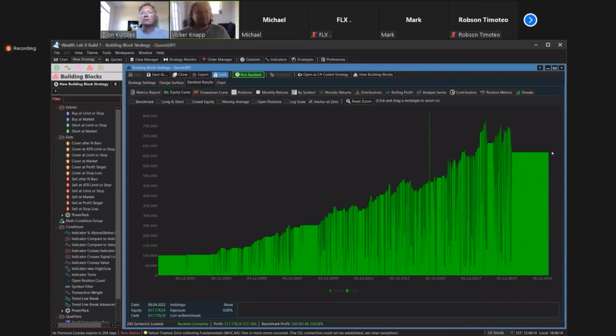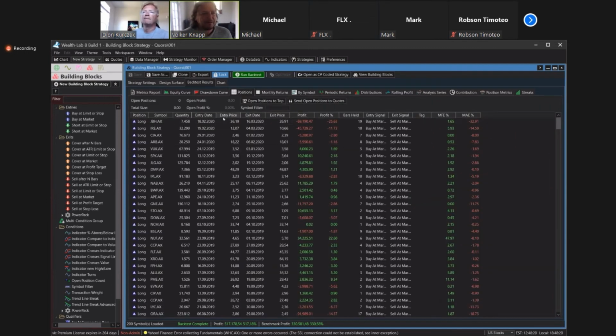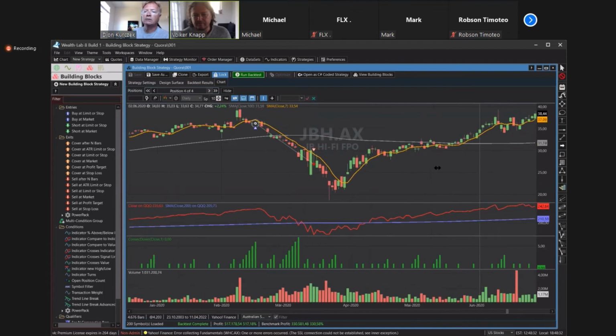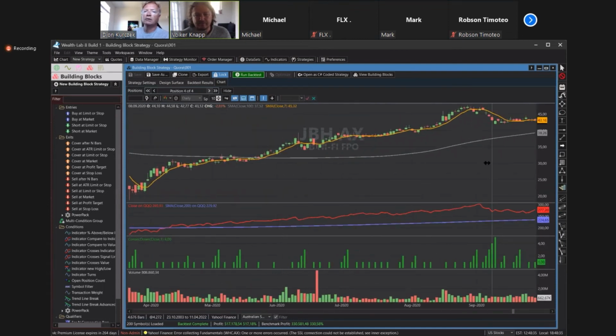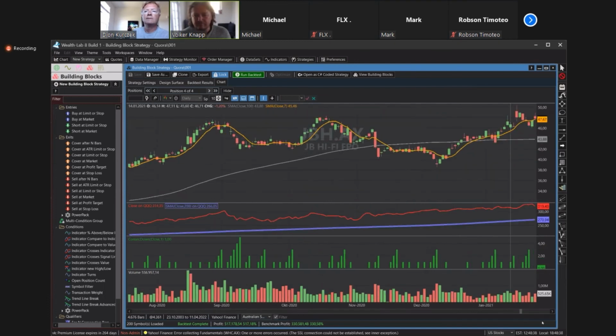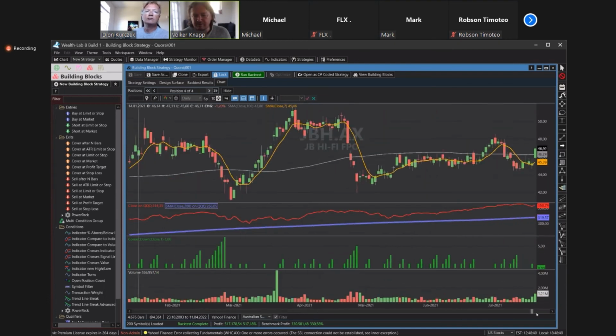Anyway. Why don't you double click on the most recent position and let's look at the chart. I have the open positions on top. So the chart does go to April 11th, 2022. Do we have maybe the Qs?